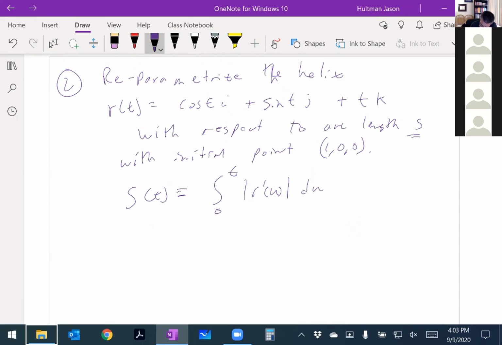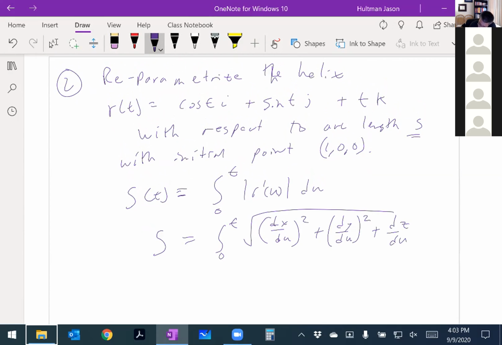So s is equal to the integral from 0 to t of the square root of dx du squared plus dy du squared plus dz du squared.